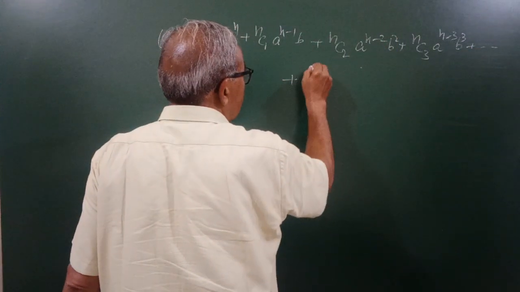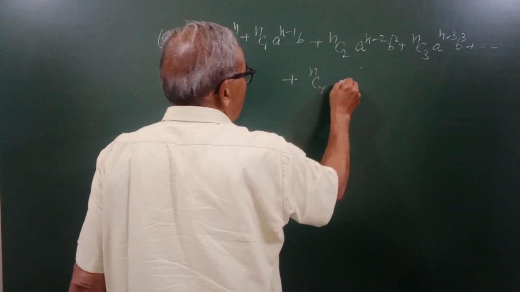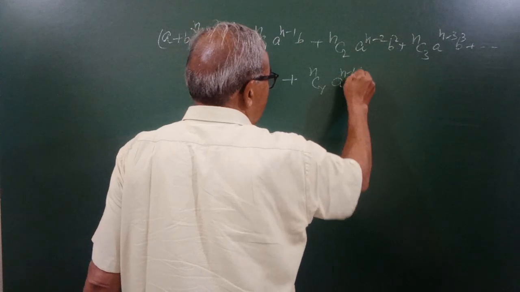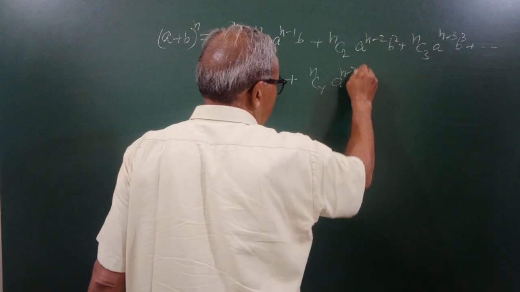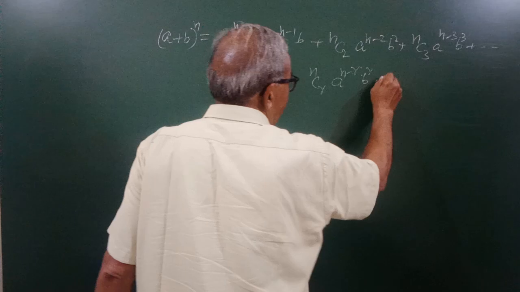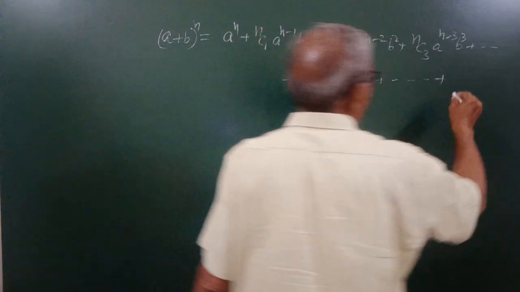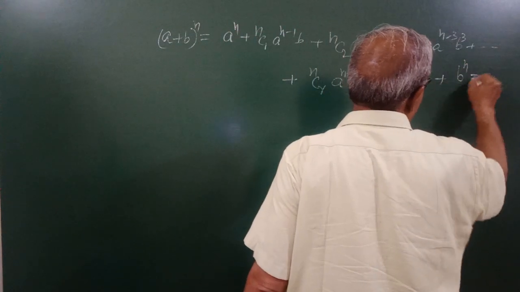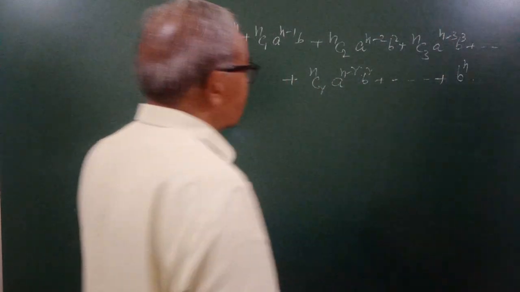We can use here a general term nCr a to the power n minus r b to the power r. And finally we get b to the power n. So this is binomial expansion.